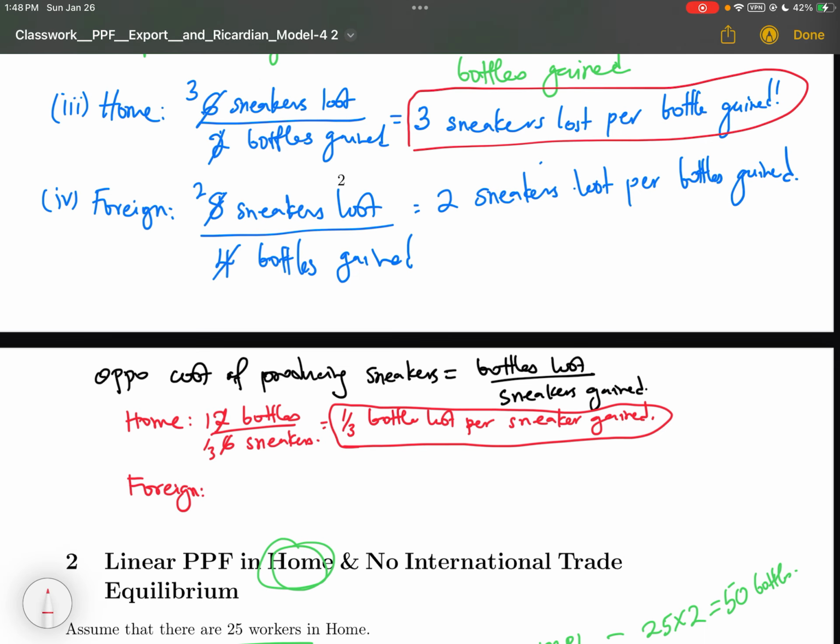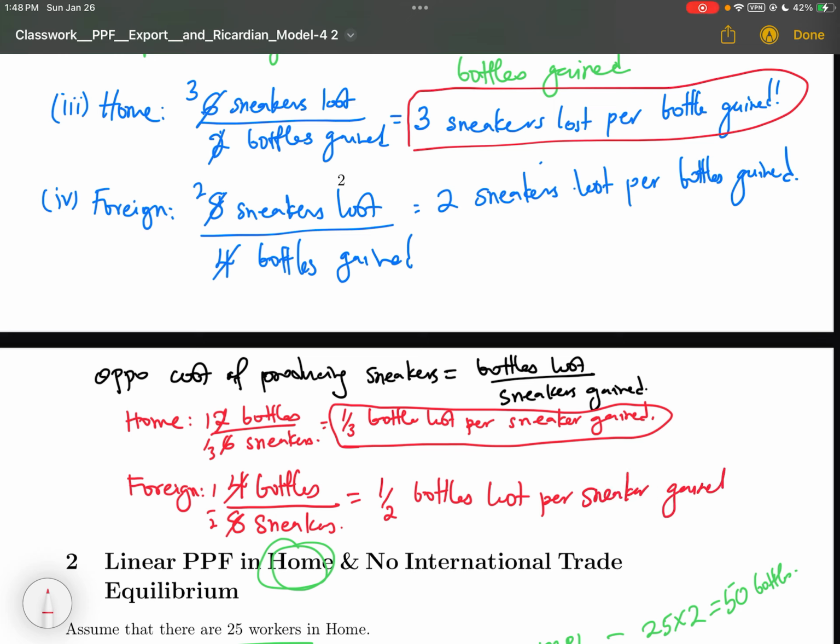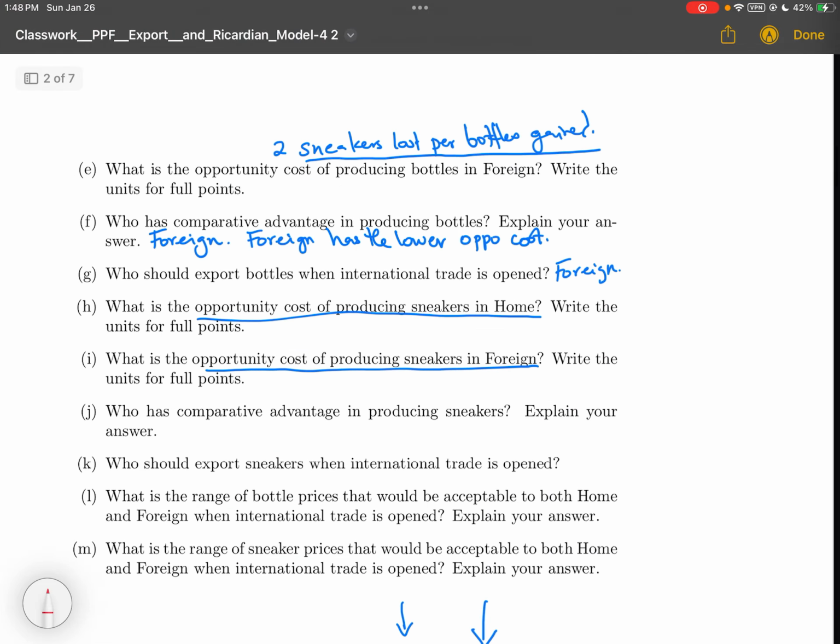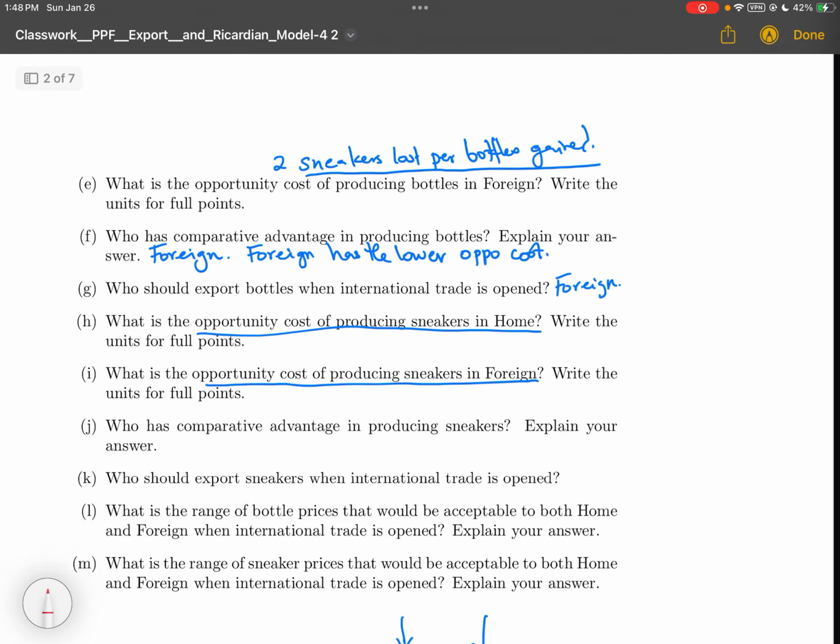And so this second one for foreign, we have 4 bottles over 8 sneakers, and when you do the calculation, that is 1/2, and so we have half of a bottle lost per sneaker gained. Now with this, we can go ahead and complete the story.